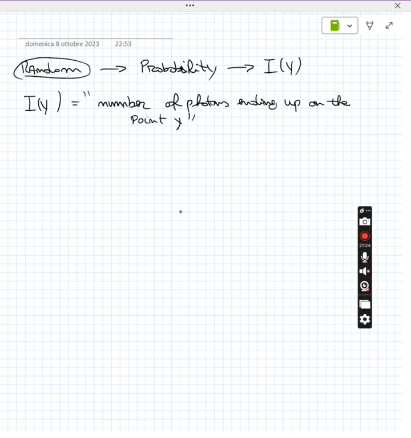So in some terms, we can also say that the intensity at a generic point y is the probability of a photon to arrive at this point.